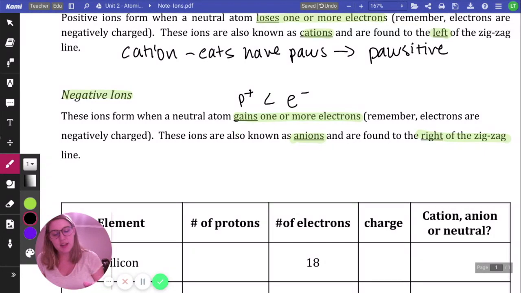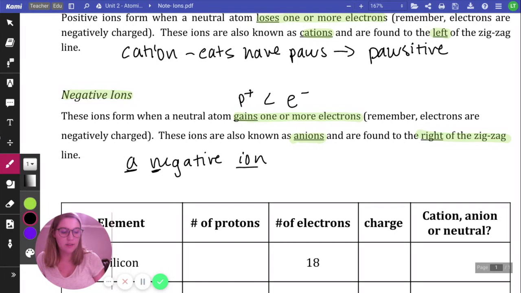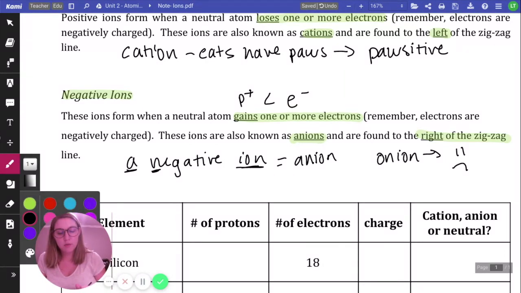The first one is a negative ion, anion. The other way I remember it is the anion looks a lot like onion. And onions make you cry. So they are negative.